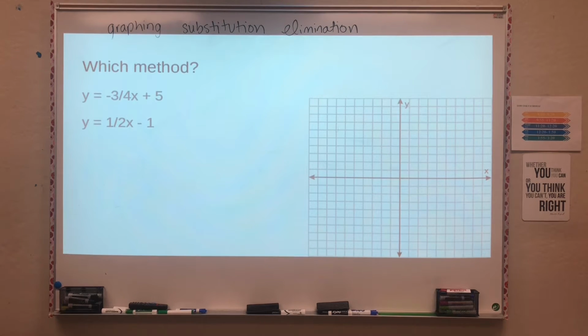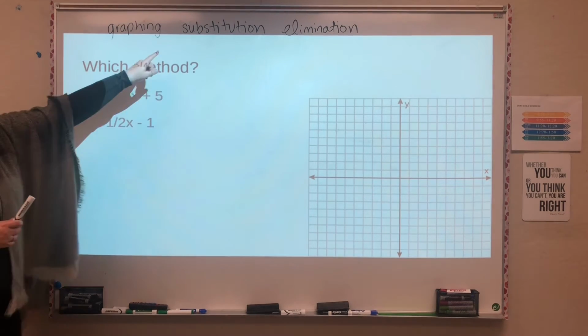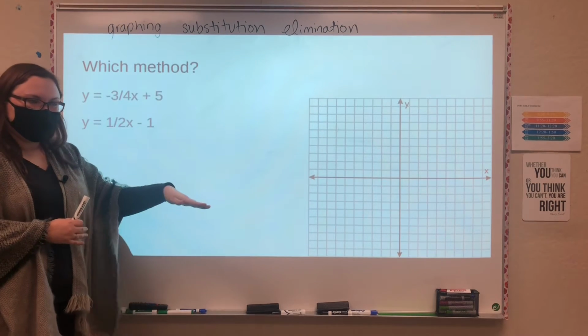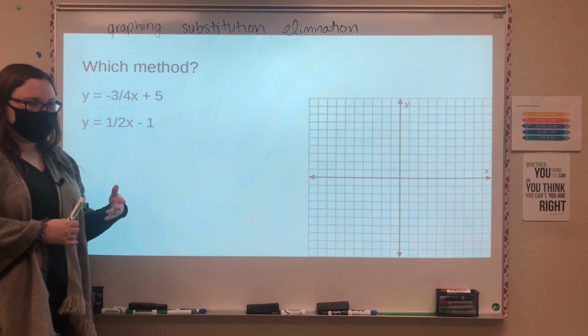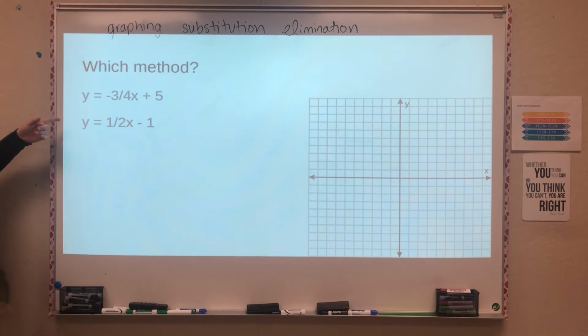I also think graphing would be easier. One of the things you mentioned earlier was for substitution, we need x equal to something or y equal to something. That's also true here. So why did you say graphing and not substitution? Just because they both are in slope-intercept form. Seems like you can just put them onto the graph really easily.